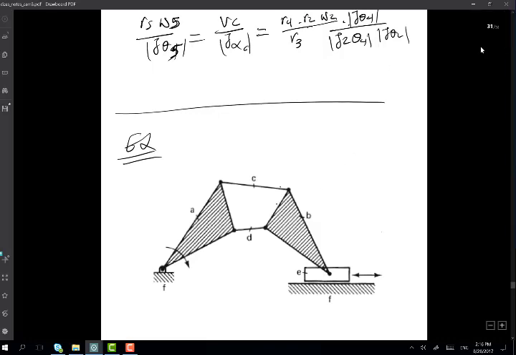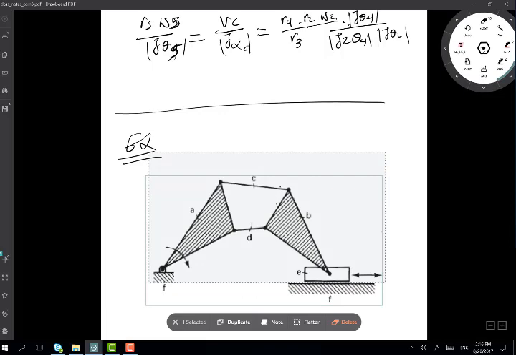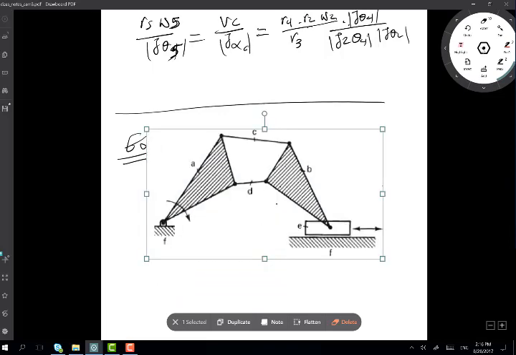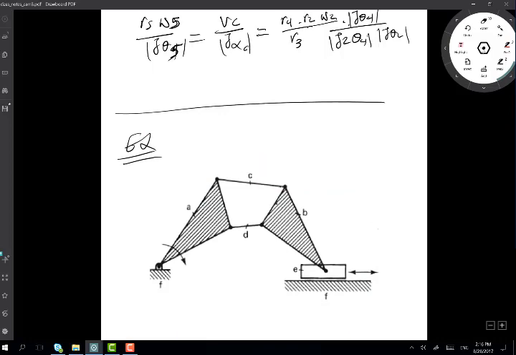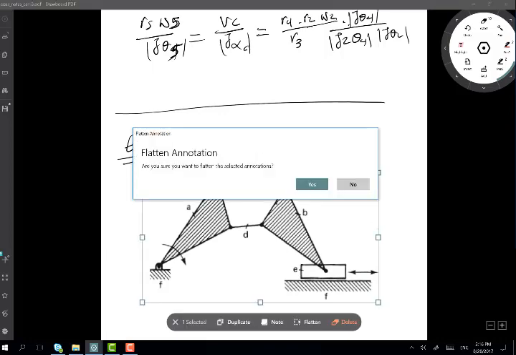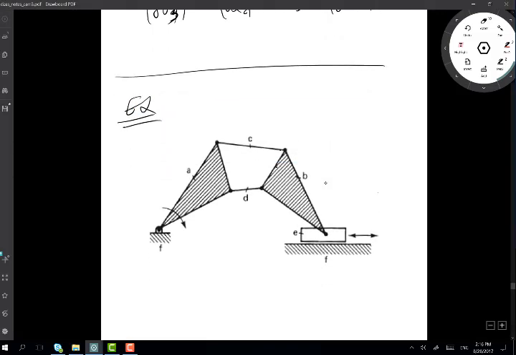If I take this example and I wanted to do a position or velocity analysis for it, let's say I just flatten this to stay with my page. Here I have also two loops. So let's see what we can do with something like that.